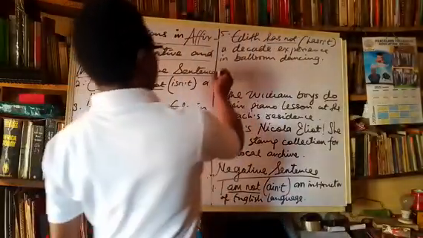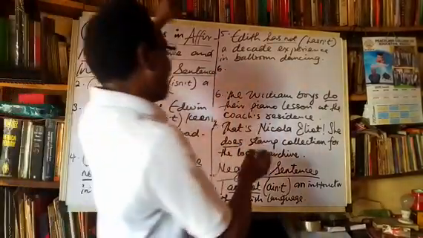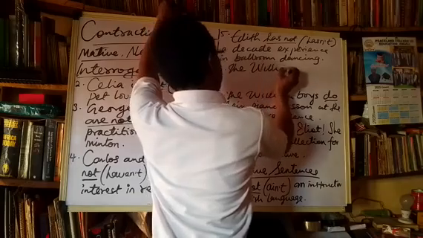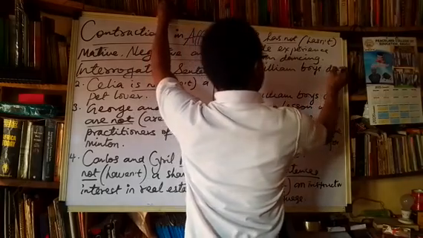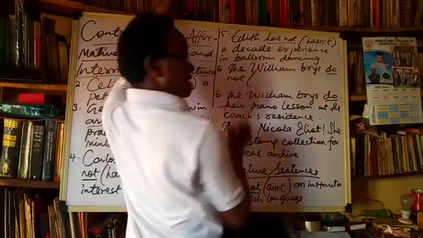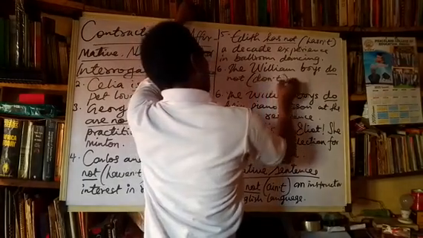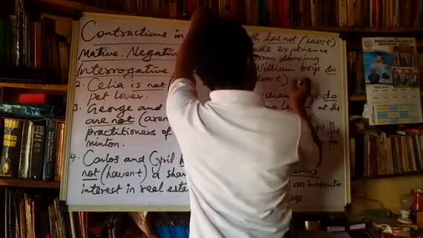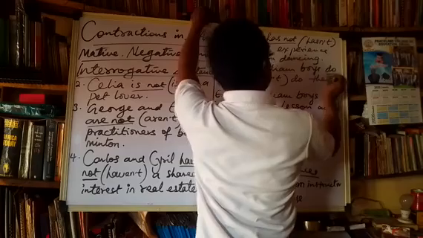Six, the William boys do their piano lesson at the coach's residence. We say do not, and the contraction becomes don't.